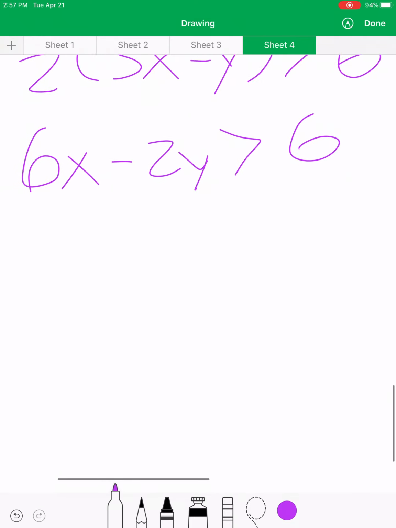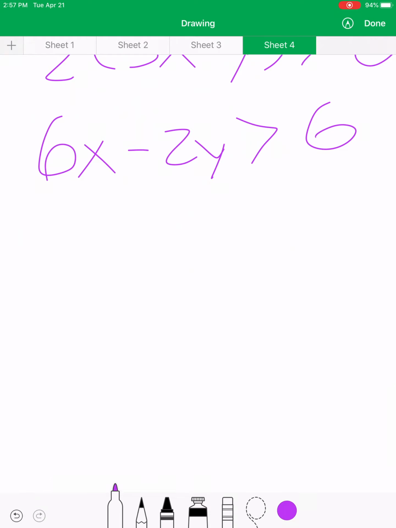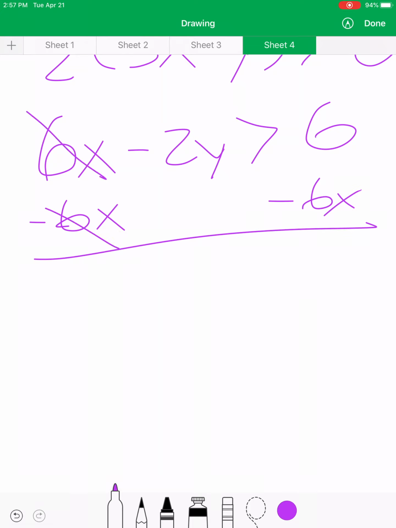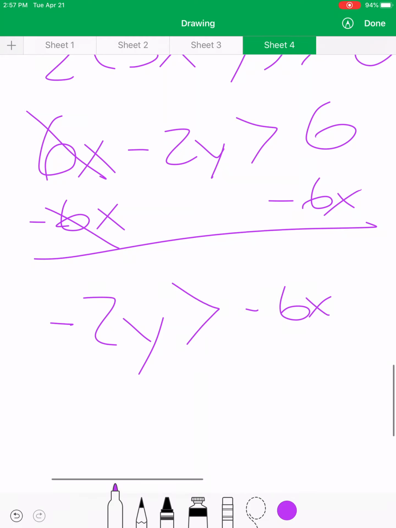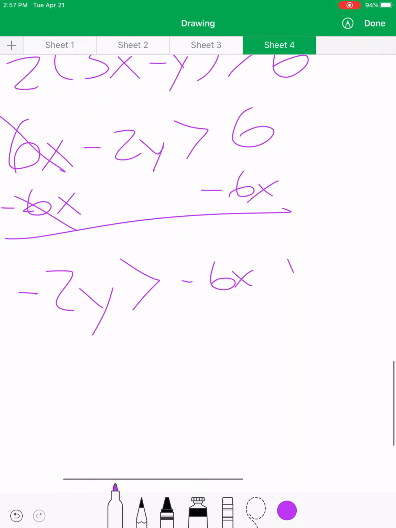Now you solve for y. So I have to move the 6x. This is a positive 6x, so I do minus 6x, minus 6x. Don't forget, bring that negative with you, so negative 2y greater than 6x plus 6.